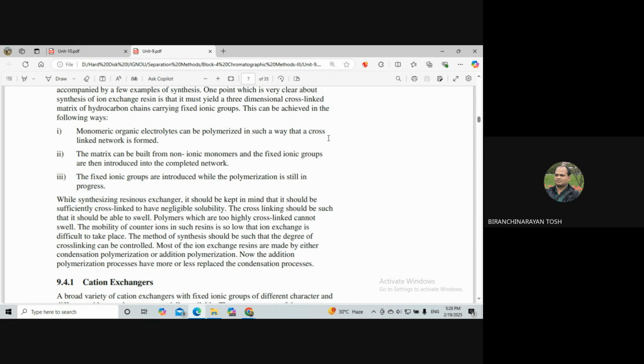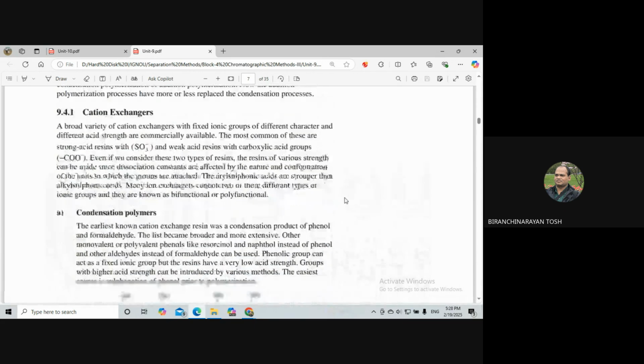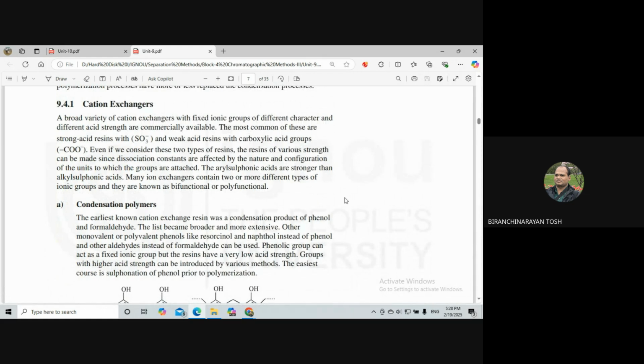Okay, so first we'll see the cation exchangers by condensation and addition polymerization processes. Then we'll go to the anion exchangers and amphoteric exchangers and how they are prepared.